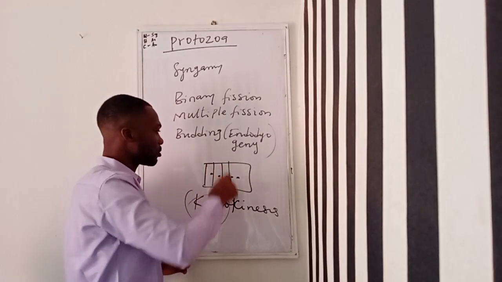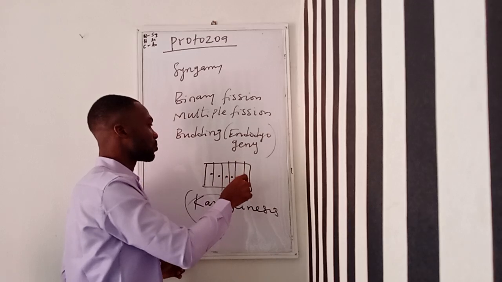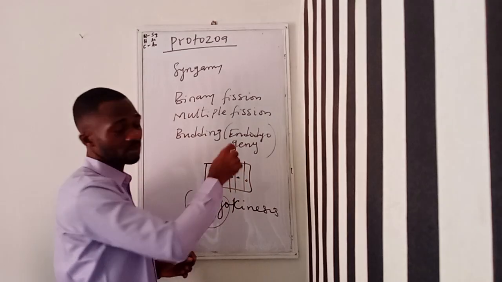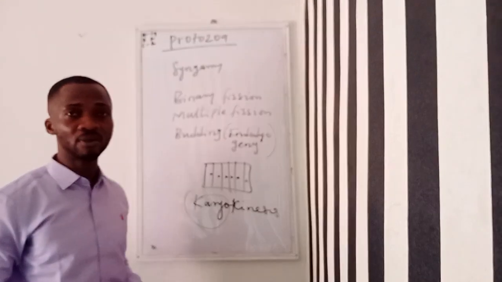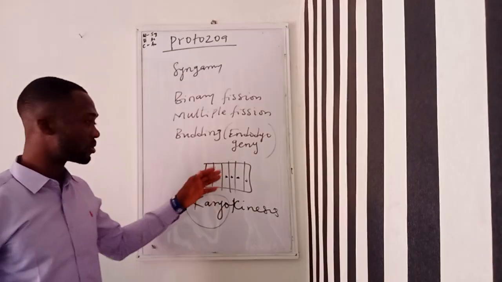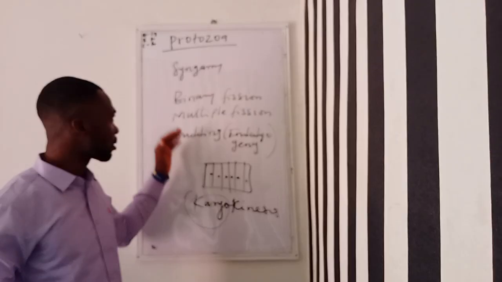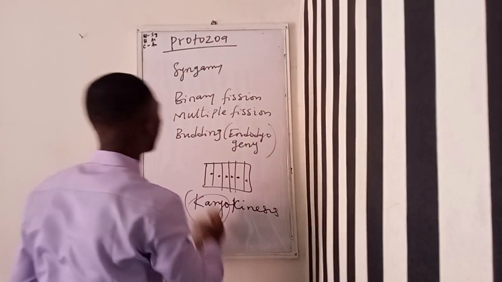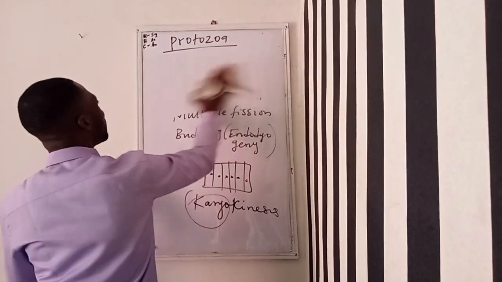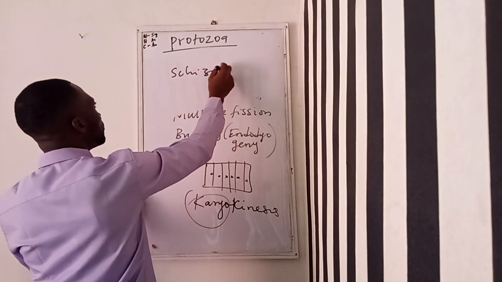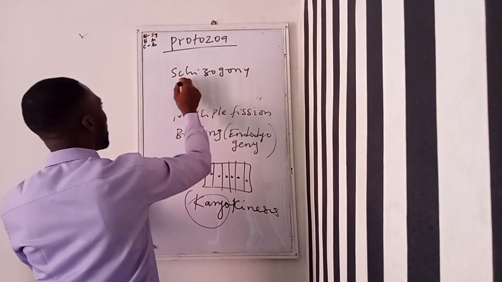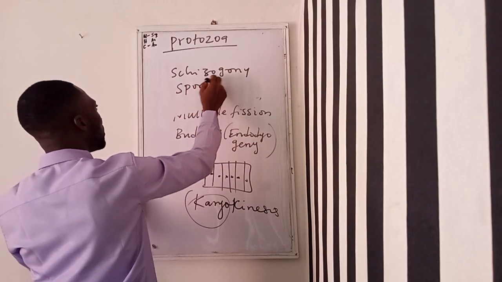So assuming we have 1, 2, 3, 4, 5, 6 nuclei produced, that means 6 different cells will be produced from it. So this is multiple fission. Multiple fission is the same thing as schizogony, and the same thing as sporogony.